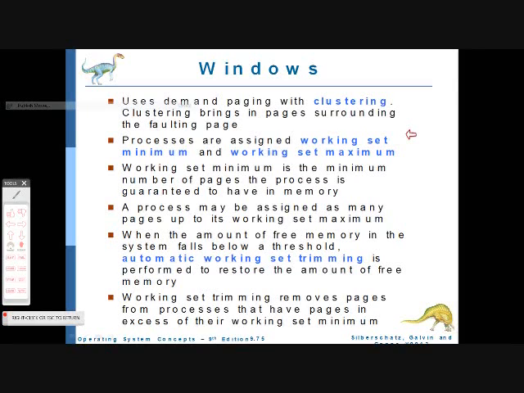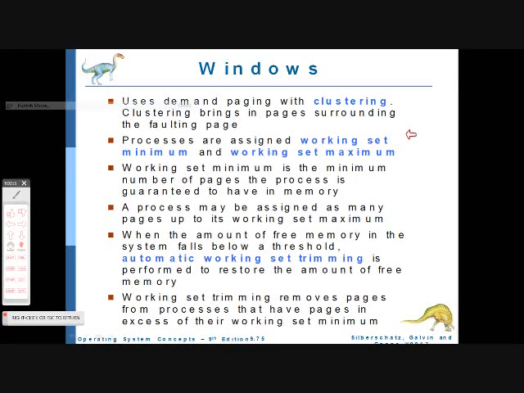Say, for example, a process page faults, but the number of pages under that process is not exceeding the working set maximum yet. So what the Windows operating system does is it borrows a free frame from the list of free frames and then assigns that to the page faulting process. And so the process can continue its execution.